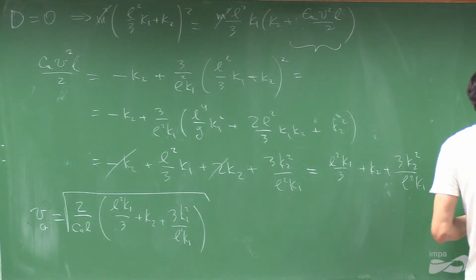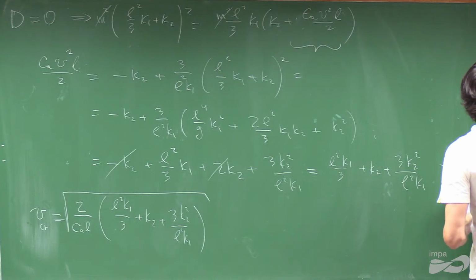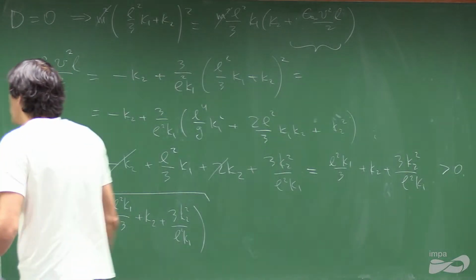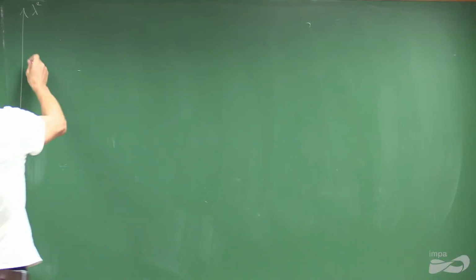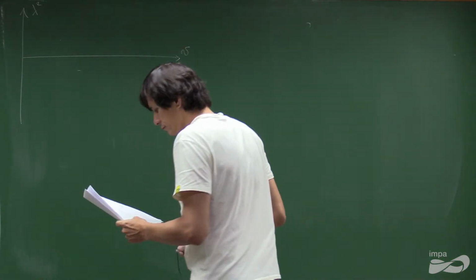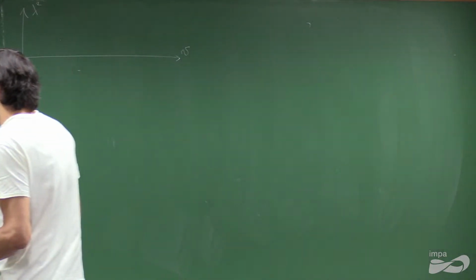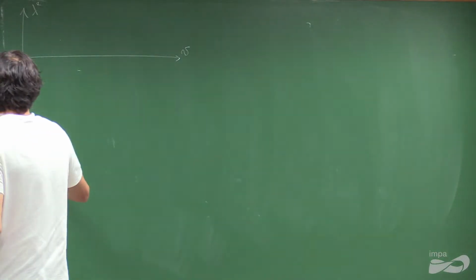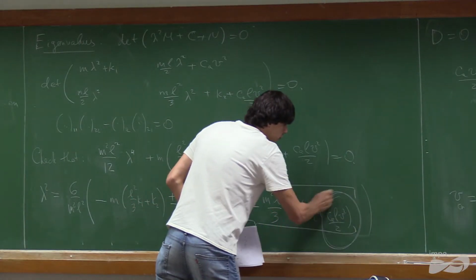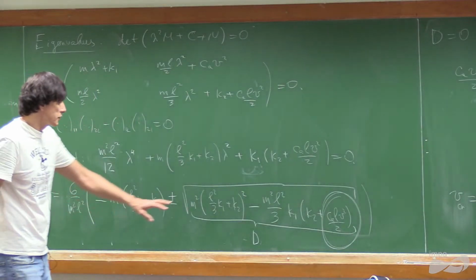So the first plot that we do, we will see how the squared eigenvalue, because we have an expression for the squared eigenvalue, and how it changes with velocity. So when velocity is 0, then the only place velocity enters is just here.